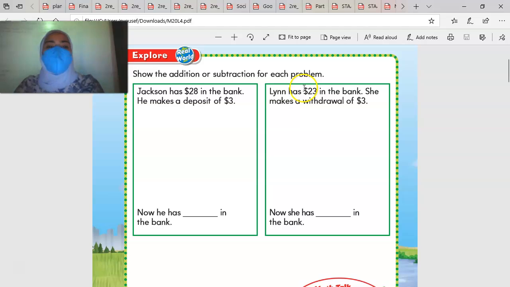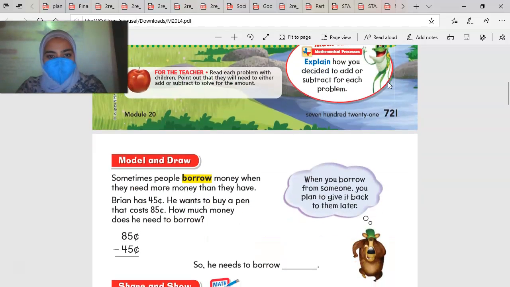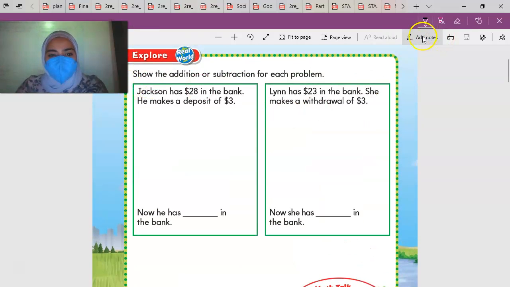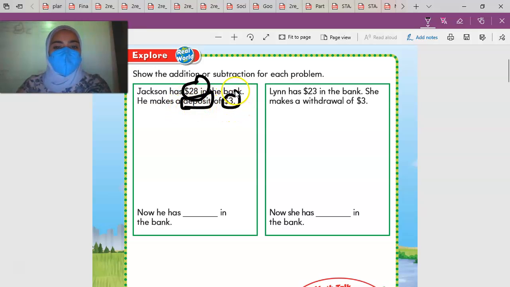Moving on. Show the addition or subtraction for each problem. Read the problem and solve the amount. Let's read the problem. Jackson has $28 in the bank. He makes a deposit of $3. Highlight the word deposit.